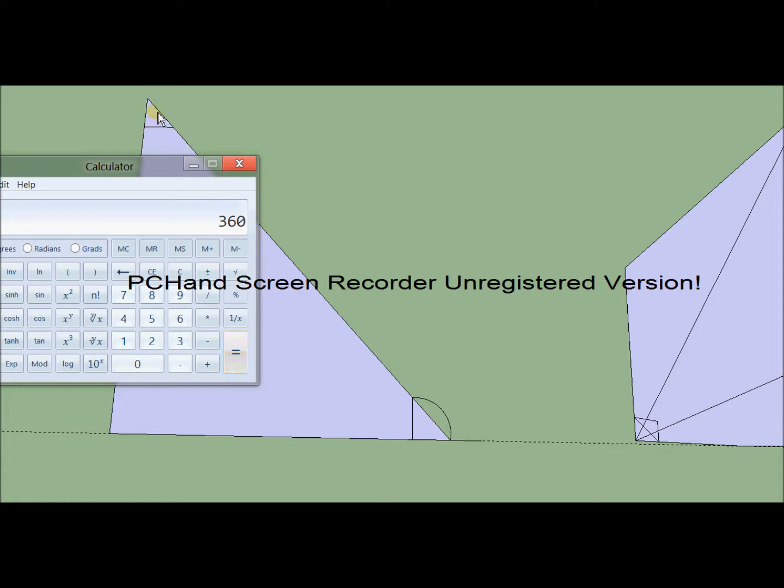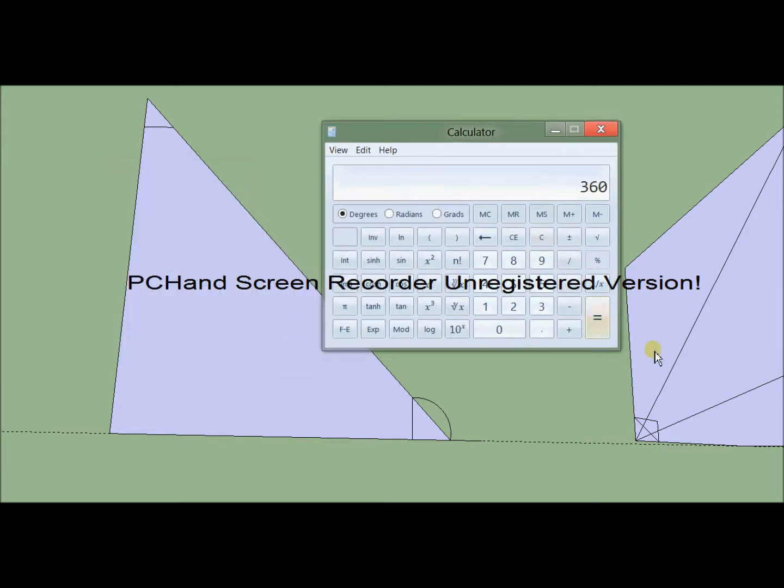So we find that this is 360. We find the same thing to be true when we do other angles. For example, a square is 90, 90, 90, 90, as we know. So 90 times 4 is 360.